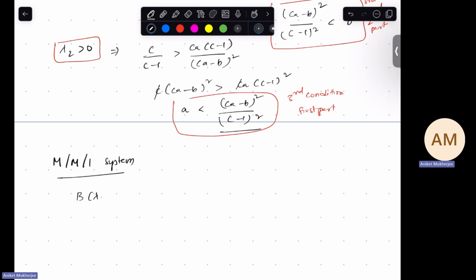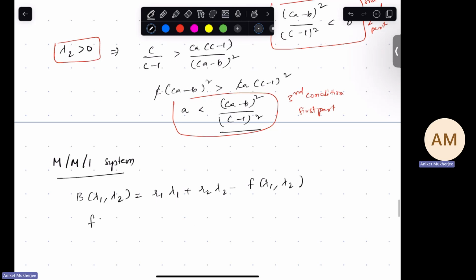The optimal problem is B of lambda 1 comma lambda 2. This is R1 lambda 1 plus R2 lambda 2 minus F of lambda 1 comma lambda 2, right? Where F of lambda 1 comma lambda 2 is lambda 1 H1 plus lambda 2 H2, dividing by lambda 1 plus lambda 2. Okay.